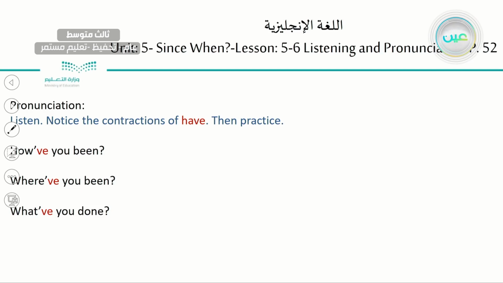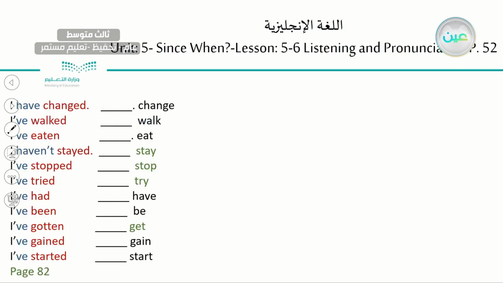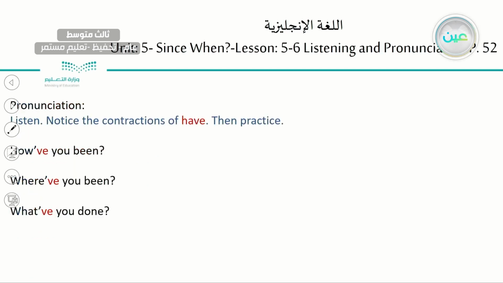For the pronunciation, also on the same page, pronunciation, it's related to the conversation and the words we gathered here. Here they want us to focus on how to pronounce the contraction of have, the short form of have.